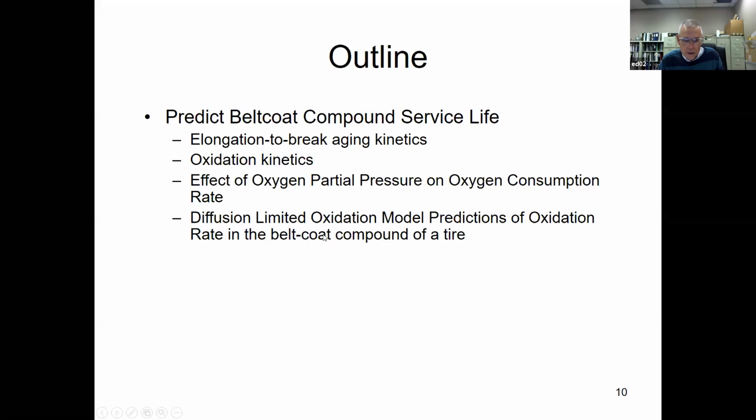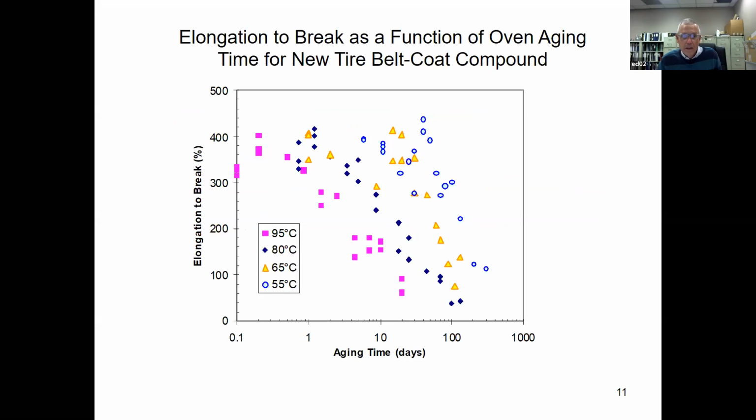So we're going to talk mostly about aging, getting good aging data, and then using the ultrasensitive oxygen consumption technique to obtain the shift factors down to 22.6 degrees centigrade. Okay, so here we start off.